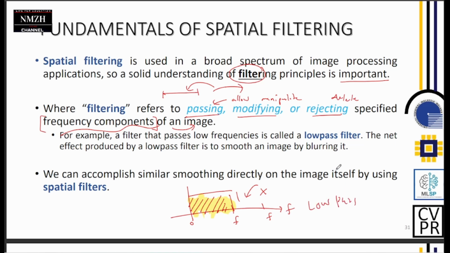The net effect produced by low pass is to smooth an image by blurring it. Normally the blurring effect is caused at the end of the low pass filtering stage. We can accomplish similar smoothing directly on the image itself by using a spatial filter.